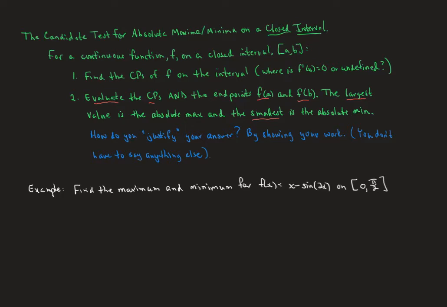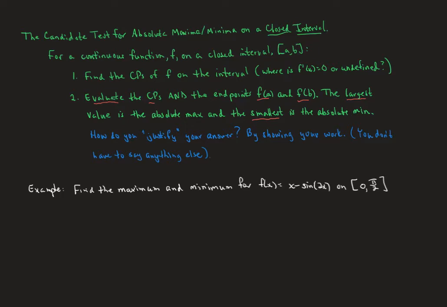So if you're doing the candidate test, your work is your justification. You don't have to write another sentence or anything like you would for a relative max or relative min. Remember, for a relative maximum, you're going to have to say that the derivative changes from positive to negative.